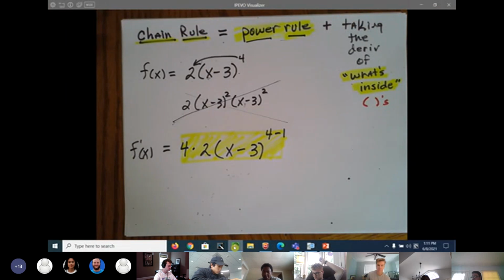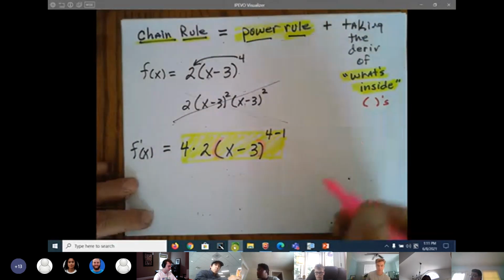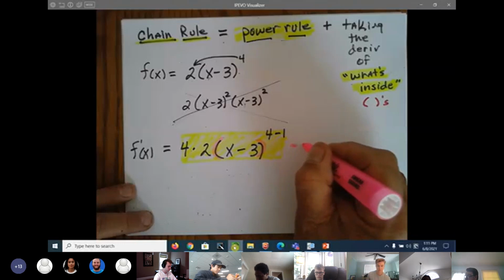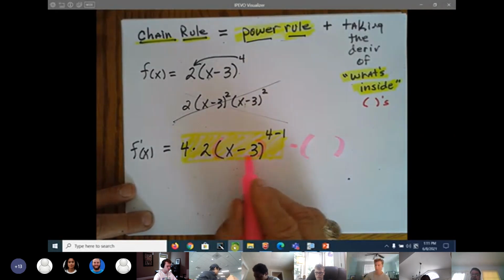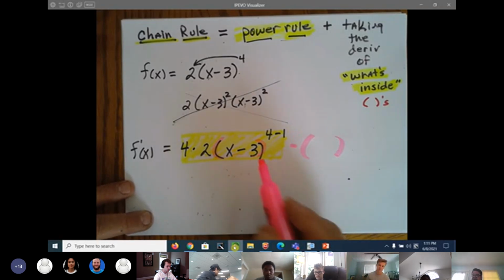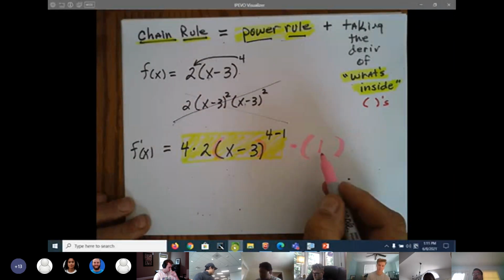Now, anybody see any parentheses? Yeah, there are parentheses right here. So I've got to multiply by what's inside those parentheses. I've got to take the derivative of what's inside those parentheses. So what is the derivative of x minus 3? 1. Now, 1 is the multiplicative identity, so it's not going to change anything.